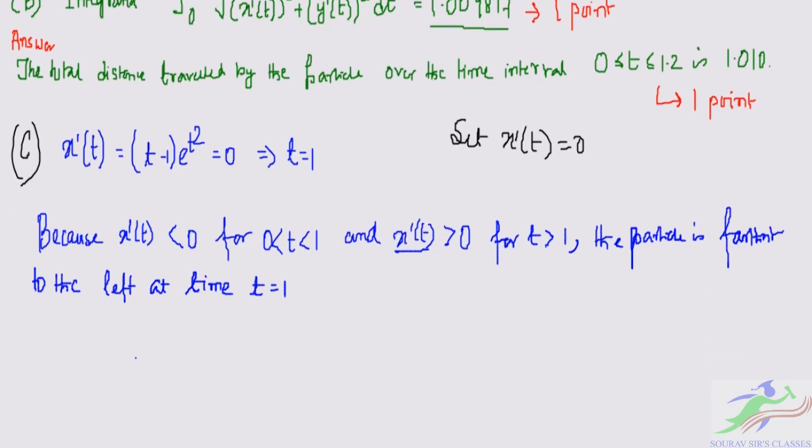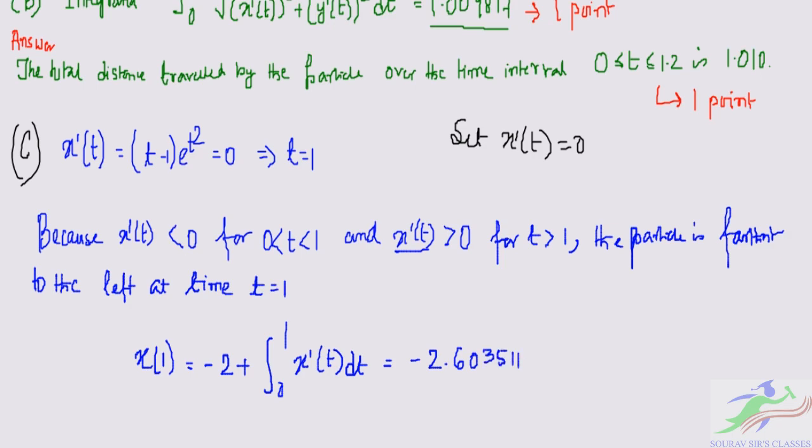Okay, so we have to find the particle's position x1 and y1. For x1, it will be minus 2 plus the integral from 0 to 1 of x prime t dt, which is equal to minus 2.603511.